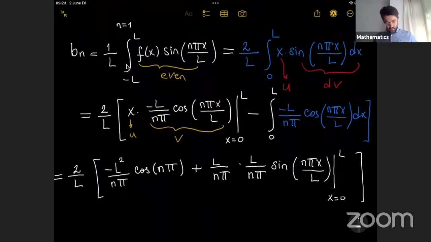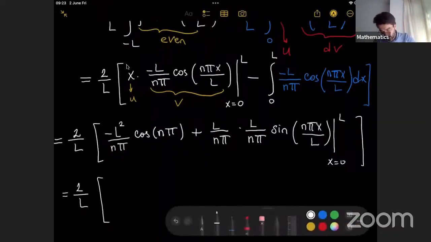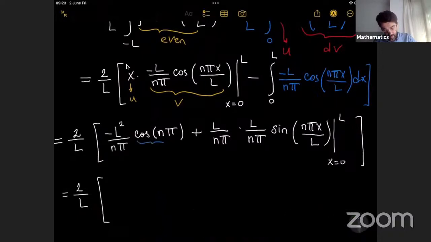Okay, let's simplify. 2 over L. Well, what is cosine n pi? When n is 0, for instance, you will get 1. When n is equal to 1, you will get minus 1. So this is like minus 1 to the n, right?